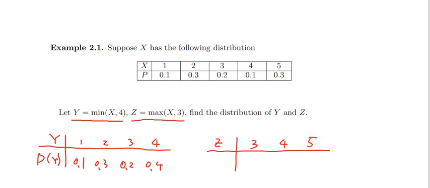So Z equals 5 is when X equals 5, so the probability is 0.3. And X equals 4, so Z equals 4. So all other cases, X equals 1, 2, 3, Z equals 3. So this is 0.6, right? So this is the distribution for Z.